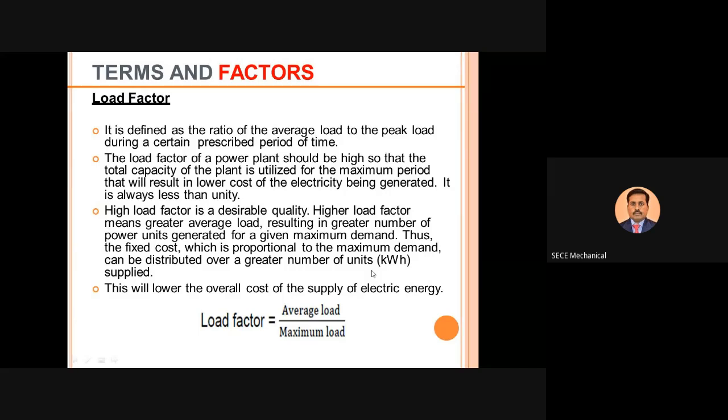That also indicates that the fixed cost of the power plant increases. That means you have to additionally add some money for producing the power, and you have to develop another power plant. That is the meaning. So this is the thing you have to keep in mind for load factor. Right.